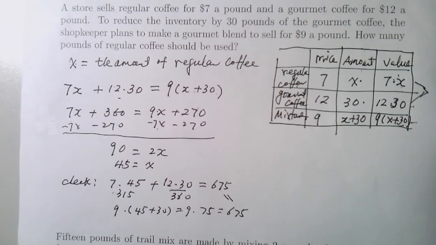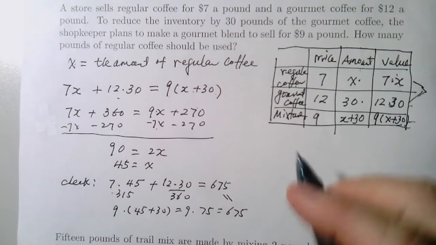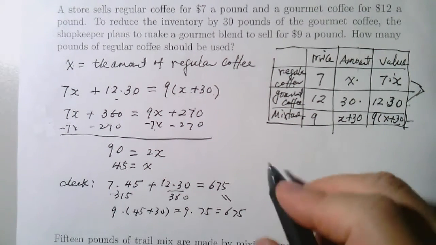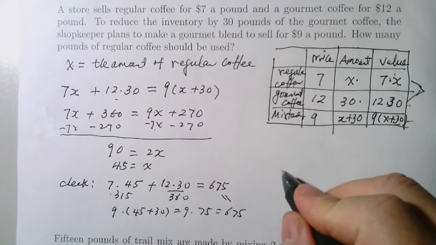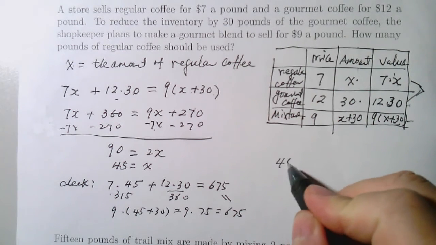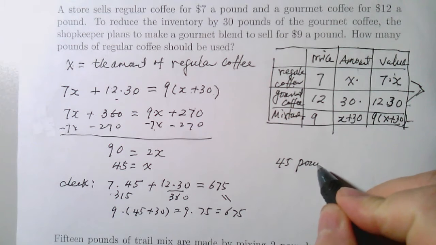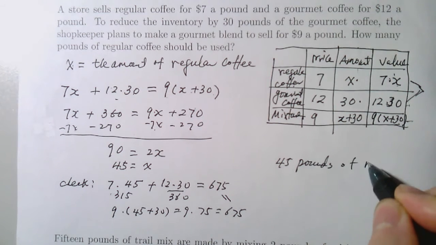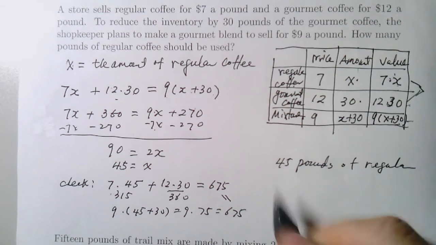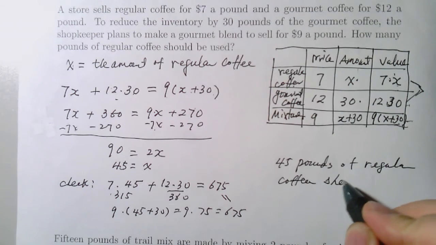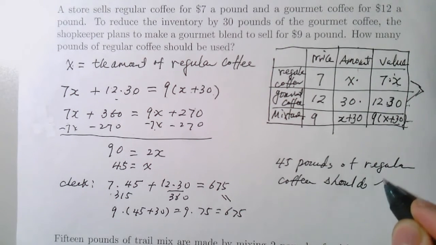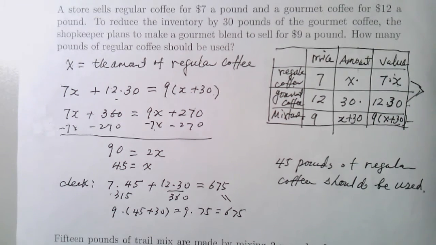It makes sense. So now we answer: 45 pounds of regular coffee should be used. That's what we have for the first question.